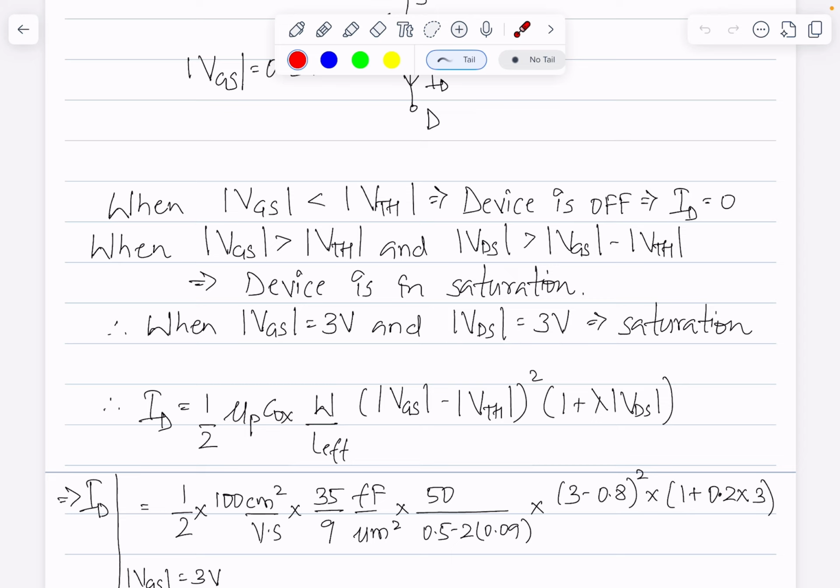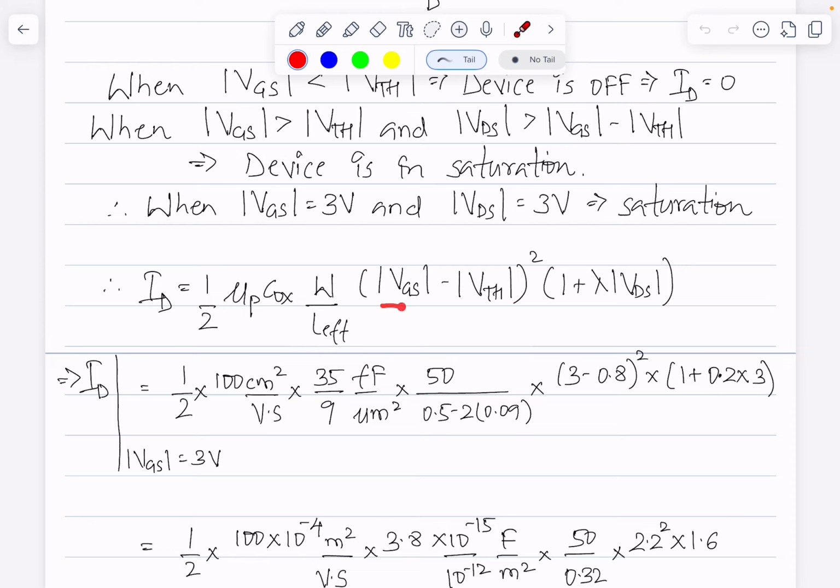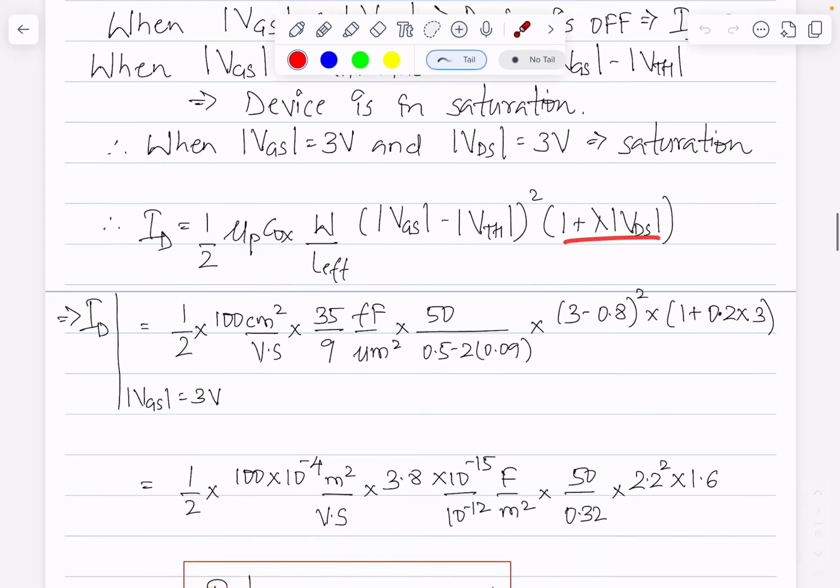And therefore it's in saturation. And we have the standard equation for current in saturation: half mu P Cox W over L effective, mod VGS minus VTH the whole square, times 1 plus lambda VDS if you want to include the channel length modulation.